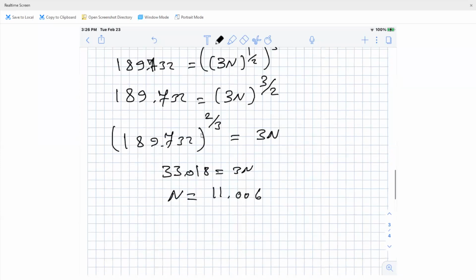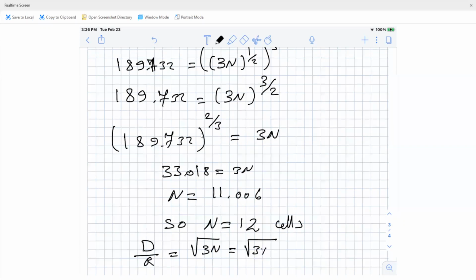Okay, so n capital will be 12 cells, and the D over R reuse ratio will be square root of 3n, square root of 3 by 12, and it is 36. Square root of 36, okay, so it will be 6.